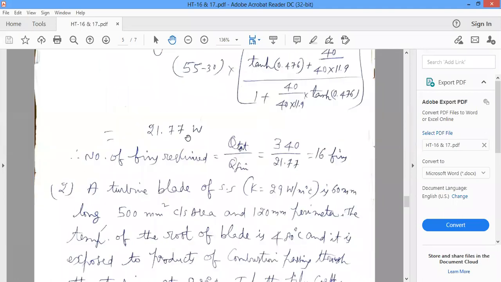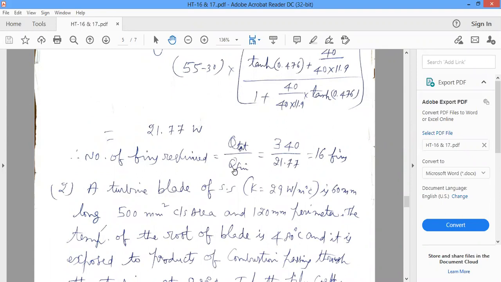340 divided by 21.77. So Q total, the total heat to be dissipated, divided by the heat dissipated with a single fin, Q fin. So Q total divided by Q fin.